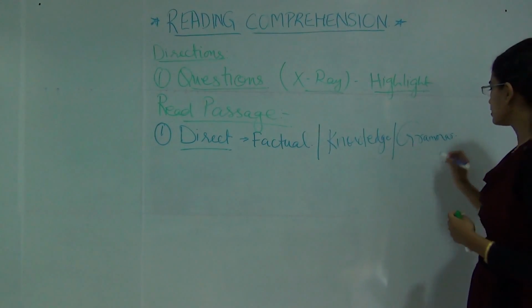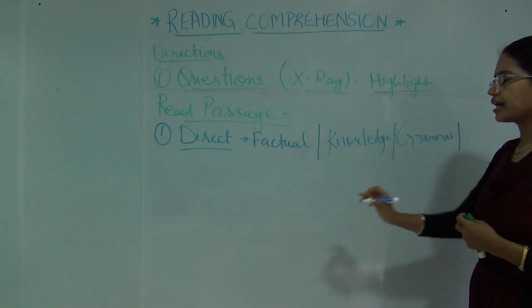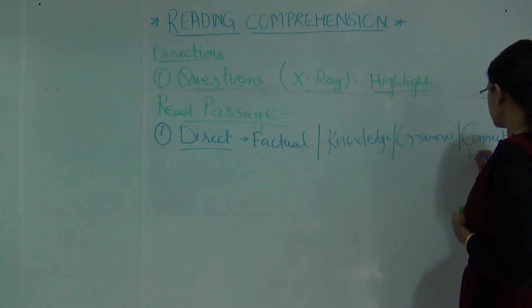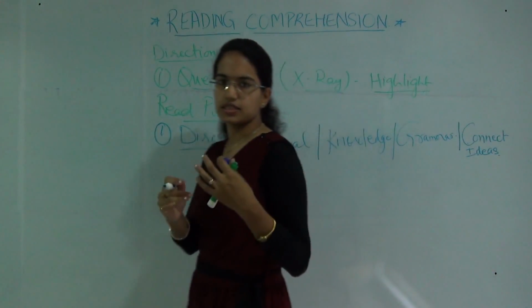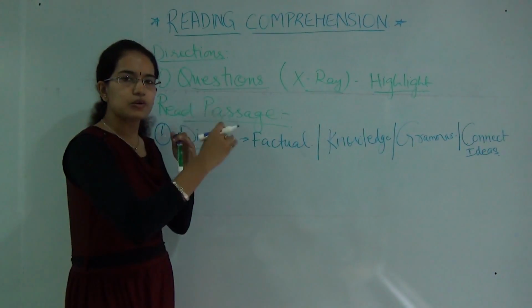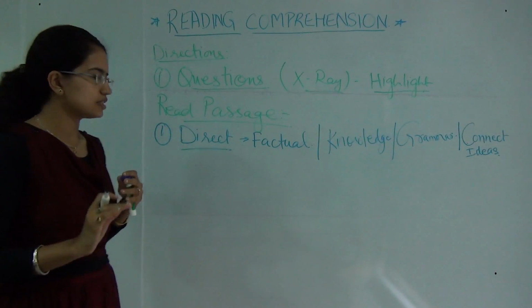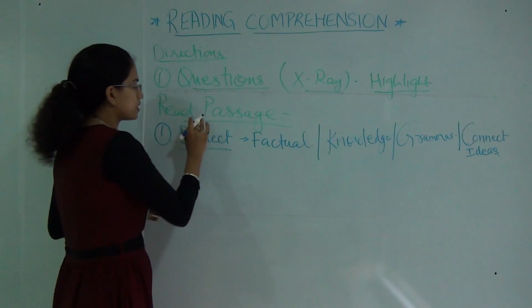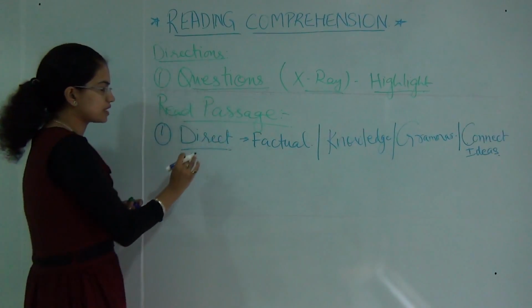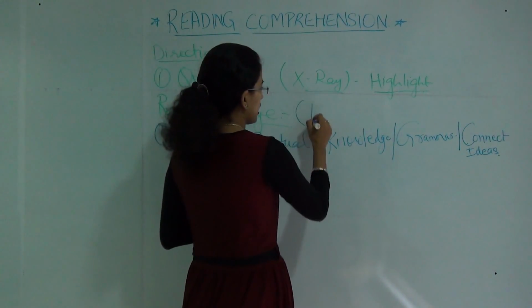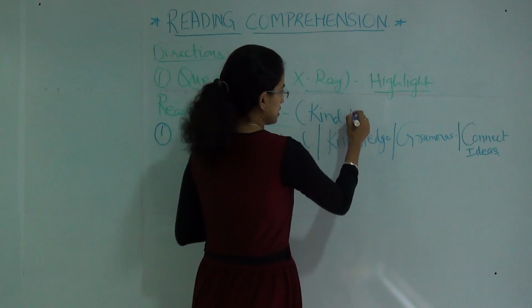And the last important thing here is that a direct question usually tries to connect ideas. If there are 2-3 sentences, you try to link the first to the second and understand what is being asked in the question. So the information that is asked can be direct.